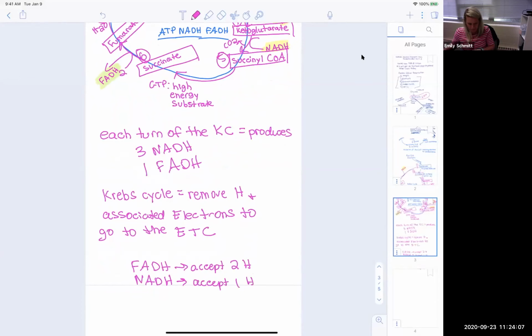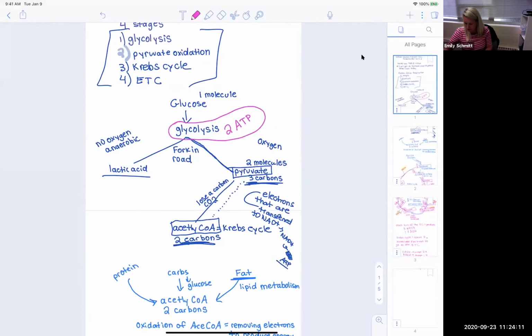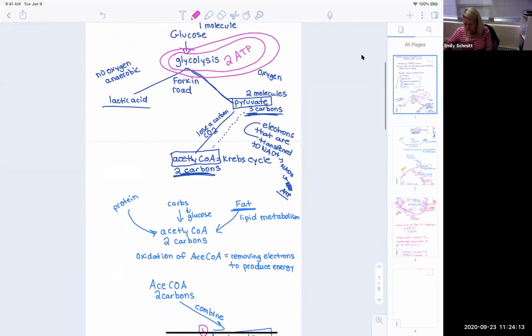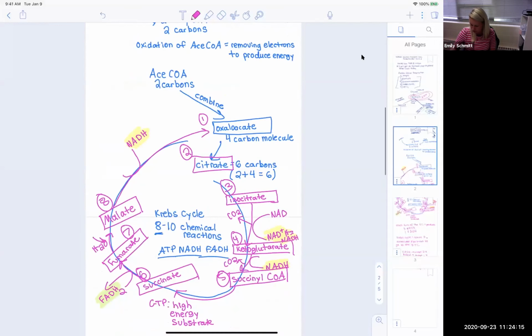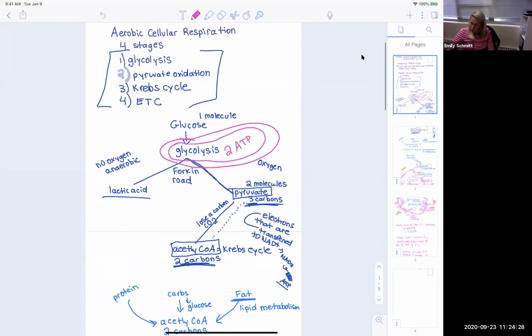So remember how I had you all put 2 ATP for glycolysis? Now I want you to put 2 ATP for 1 turn of the Krebs cycle. I also had you all write 1 molecule of glucose.